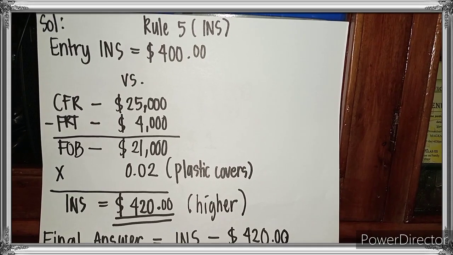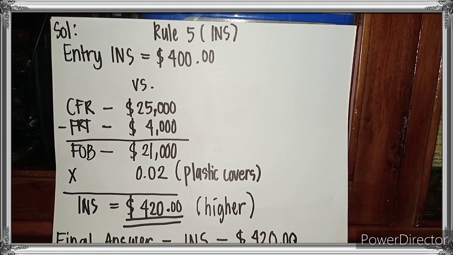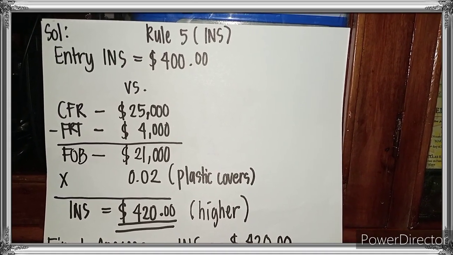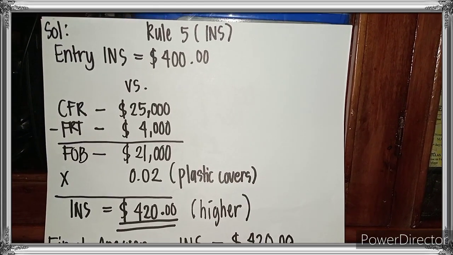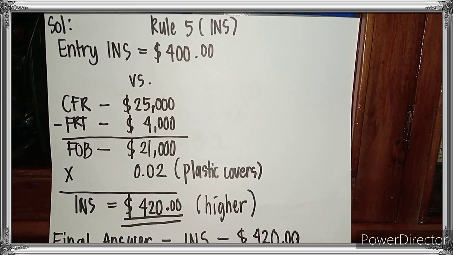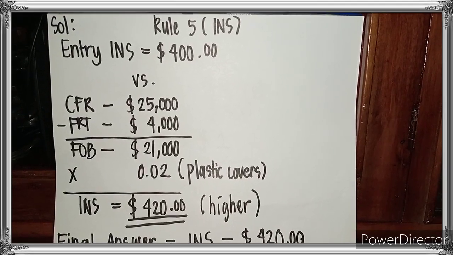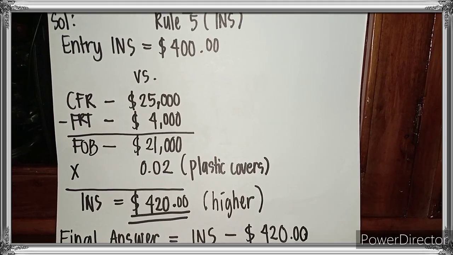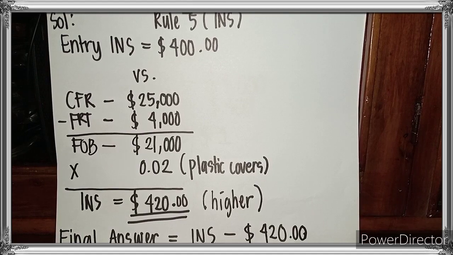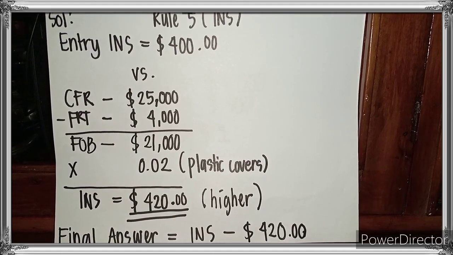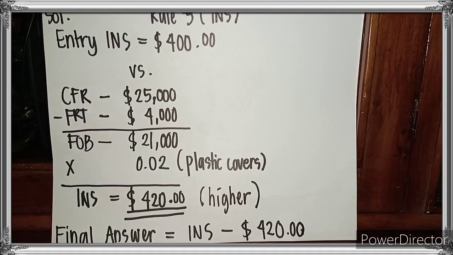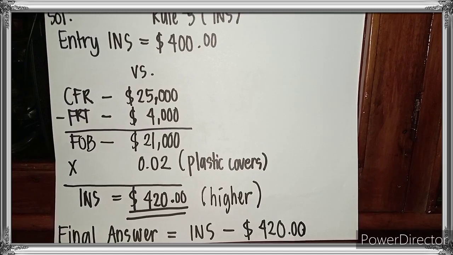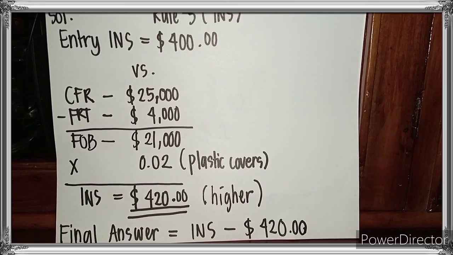In order to find the insurance of the problem, we will need to apply Rule 5 of insurance. So we have here our solution. Entry insurance is equal to $400 versus the CFR of $25,000 minus freight of $4,000, which is equal to an FOB of $21,000, times 2%, indicated for plastic cover shipment, and then we come up with an insurance of $420.